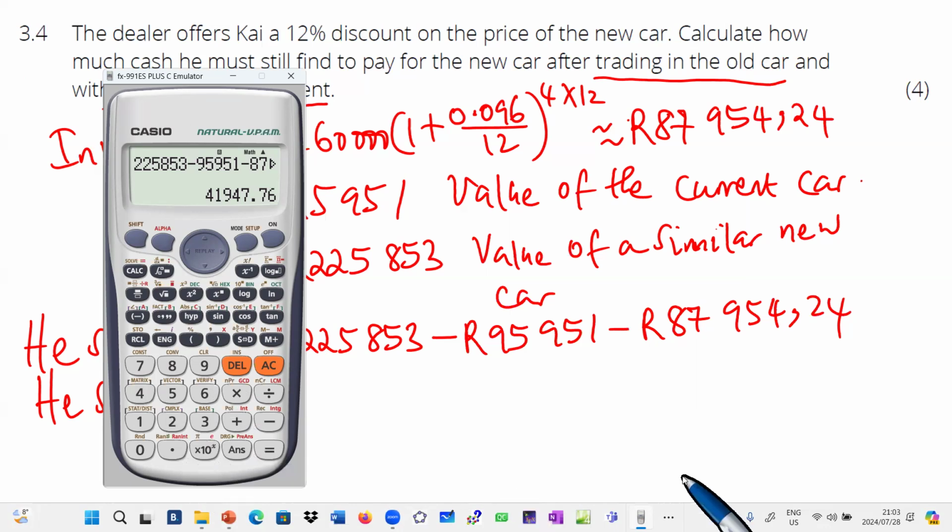Okay, we're getting exactly 41947. Getting exactly that amount there. Let's just check.